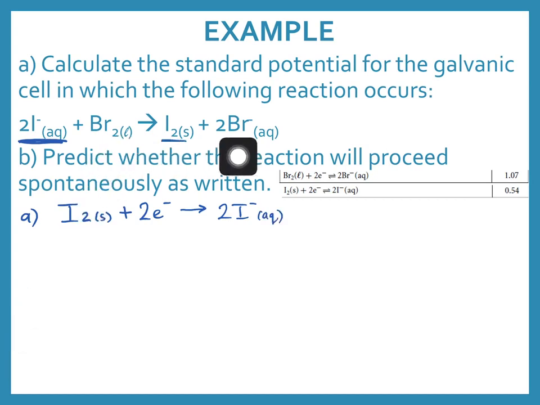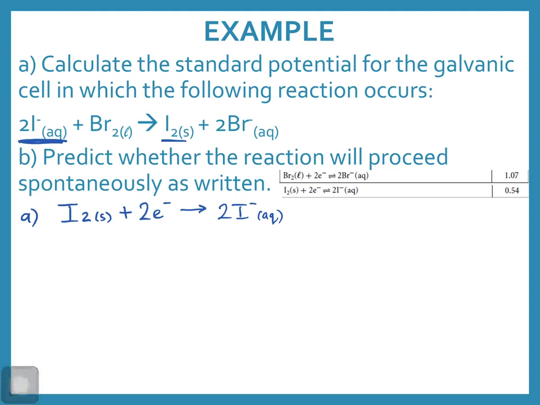And then I have liquid bromine becoming bromine ions. So I have a neutral over here, and I have a 2- charge here. So I need to add electrons onto this side. A neutral and 2 negatives makes overall a 2-, and here I have 2-. So we see the electrons going on the opposite side from two examples we have done before, but that was because we had a neutral on one side and a positive on the other.